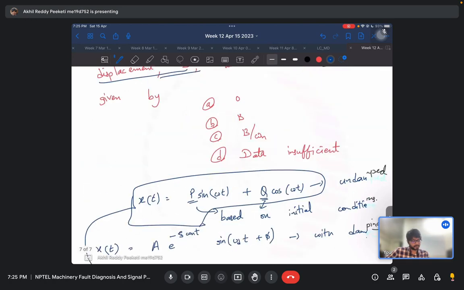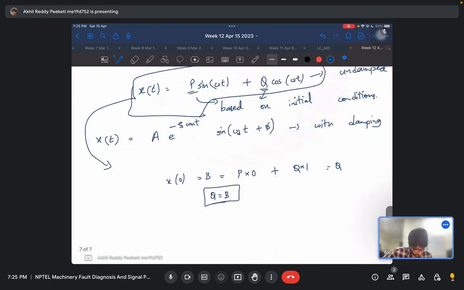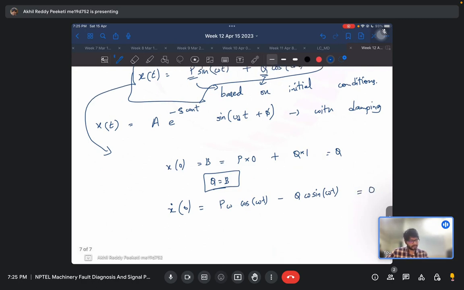Now it's also given that initial velocity is 0. What is initial velocity? x dot of 0. Since we know x of t, what is x dot of t? It's a derivative: P omega cos omega t minus Q omega sin omega t. The initial velocity is 0 at time t equal to 0.